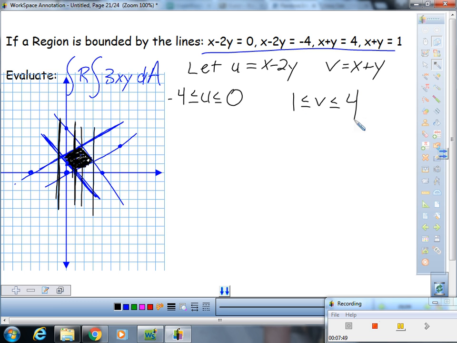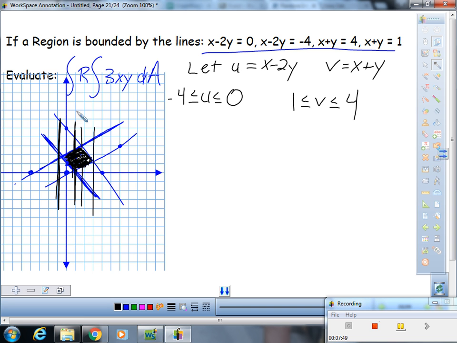So looking forward, these are going to be our bounds on our integrals, because remember, when we switch from dx dy to du dv. So that's a good thing. However, remember that x needs to be a function of u and v. Do we currently have that?